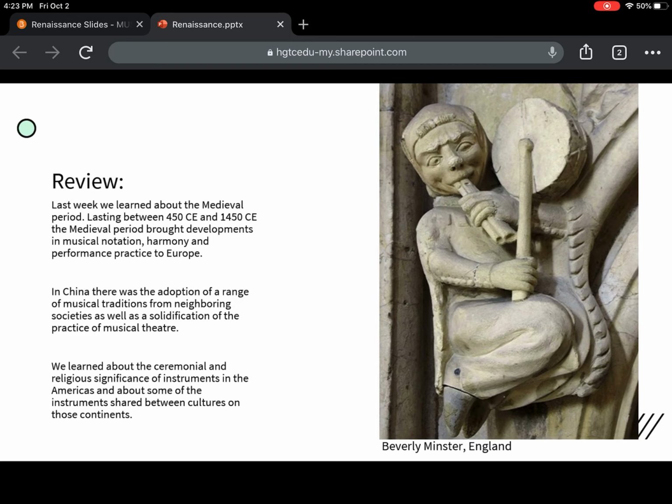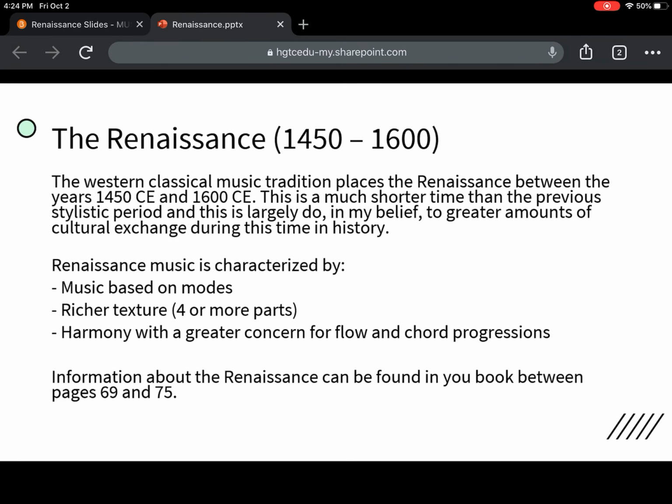The other societies that were going on around them had very interesting things going on, and so they said, why don't we learn from them? And so they ended up with a super diverse list of instruments and styles that were all kind of under one umbrella. We also learned of the ceremonial and religious significance of the instruments in the Americas and in Latin America, and kind of what was going on down there.